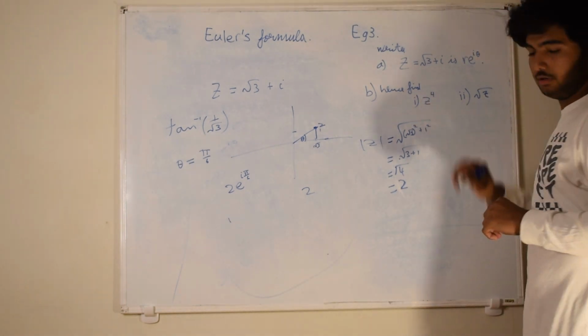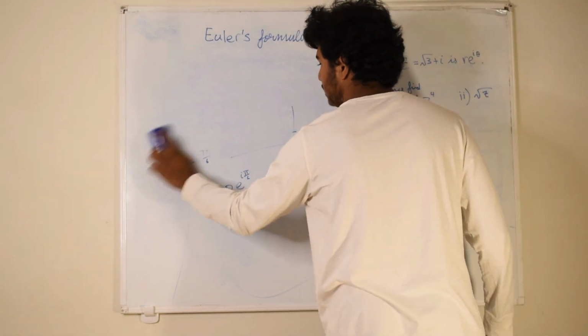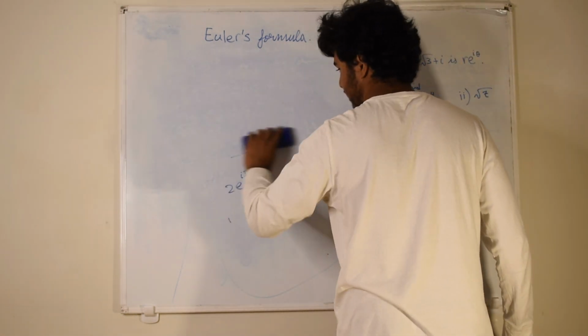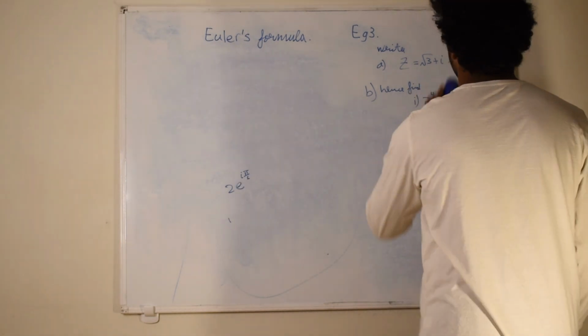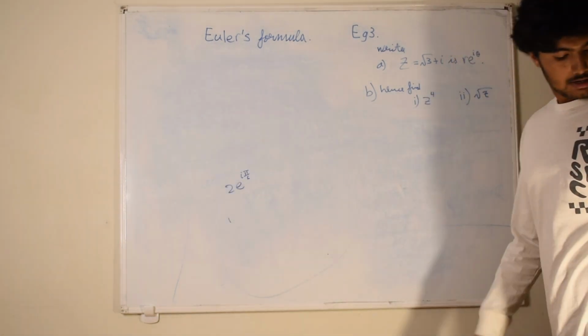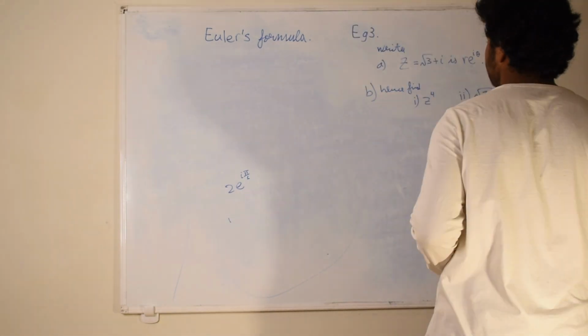Now we can go on to question B, which is power of complex numbers. It's another key aspect to look at. So we've got that for A. Now we can come back to B, which is going to be z to the power of 4.